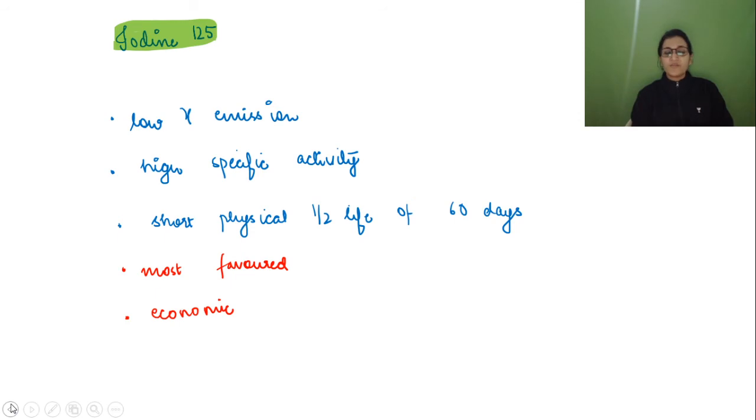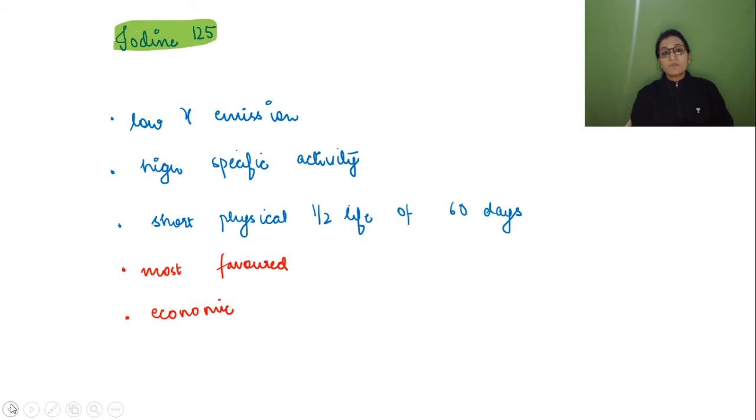Then it has a very convenient half-life of around 60.2 days, and hence the shelf life for labeled antigen is quite long. And iodine is a natural constituent of thyroxine and triiodothyronine, so it is very easy to use, and it can be easily introduced into specific peptide molecules and steroids.